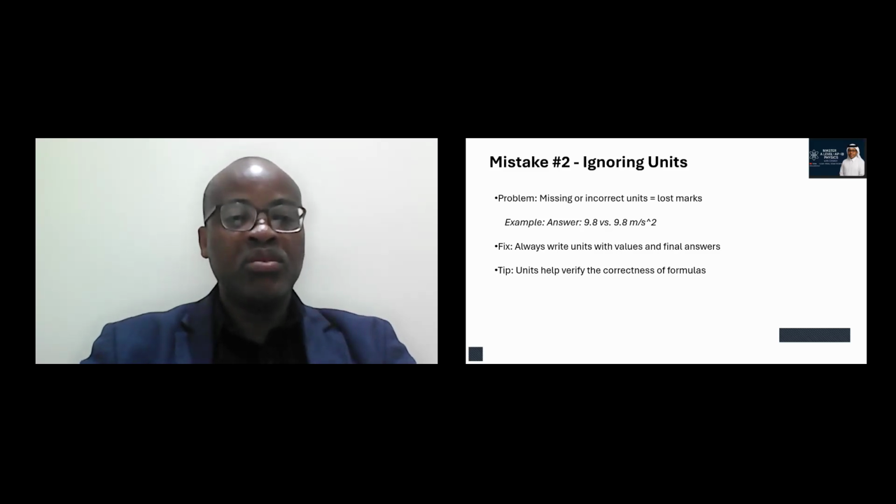So that's why units are so important. So when you solve a problem in physics, don't forget to include the unit at the back of your answer. This is very important because a lot of students lose marks because of this.